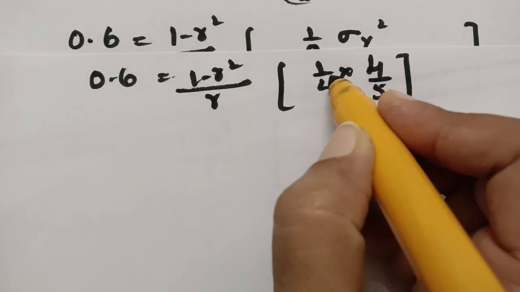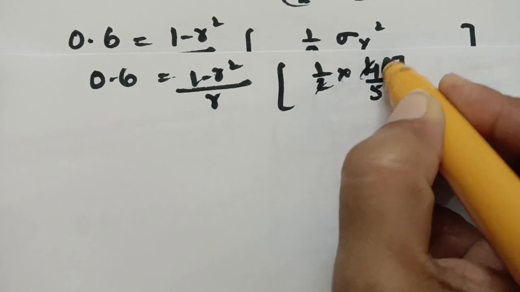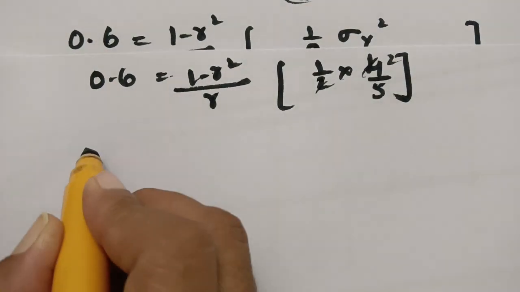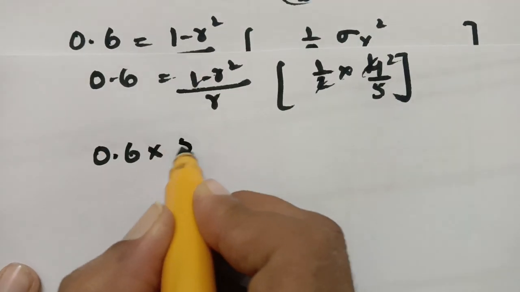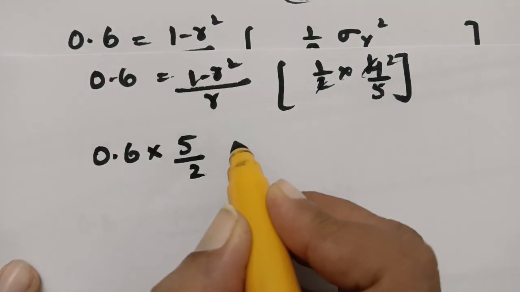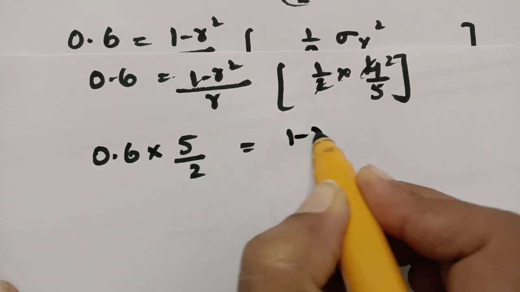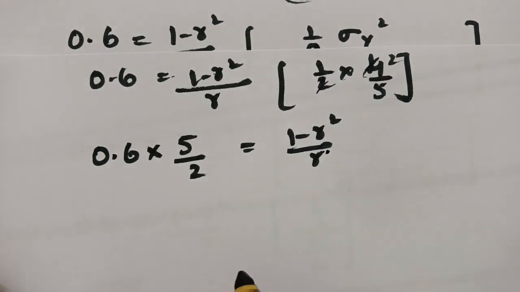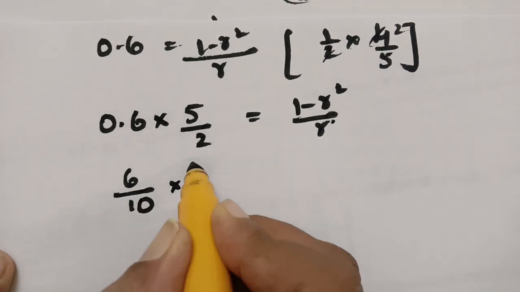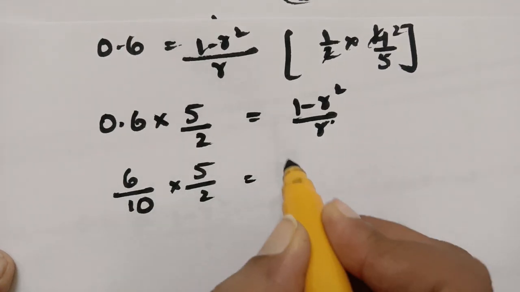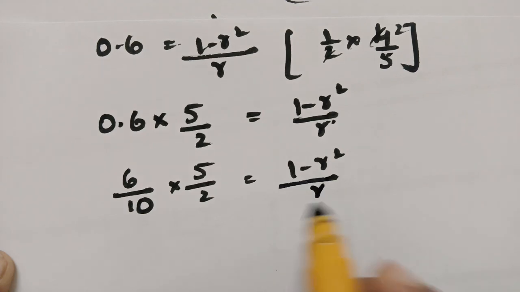Now if I cancel 2 times, this will be 2 by 5. So 0.6 into, if I send it to the other side, 5 by 2, is equal to (1 minus r square) by r. So this can be written as 6 by 10 into 5 by 2, which is equal to (1 minus r square) by r.